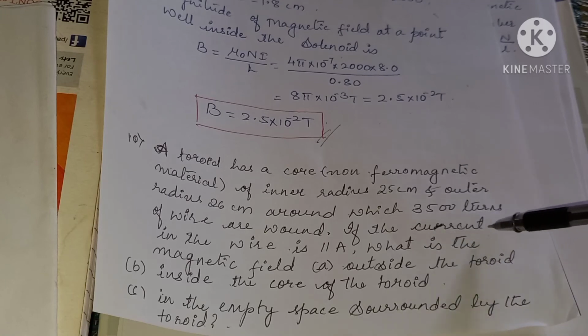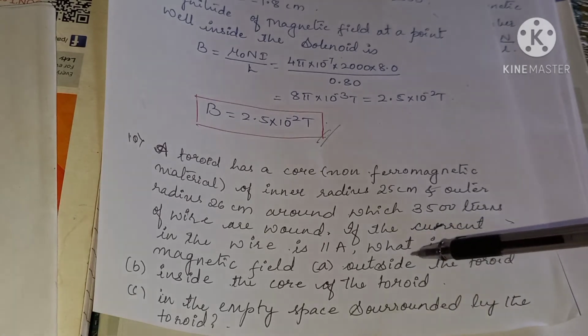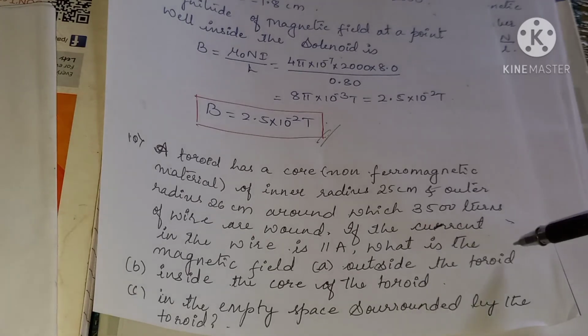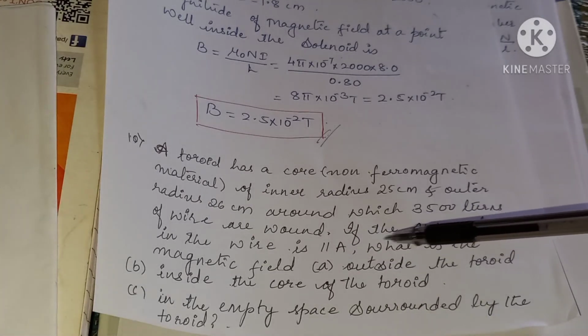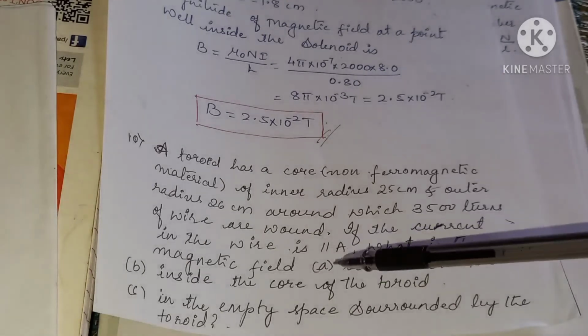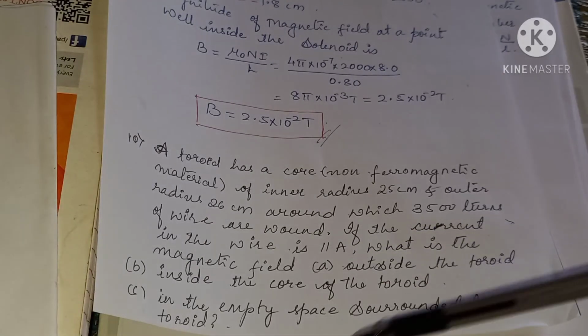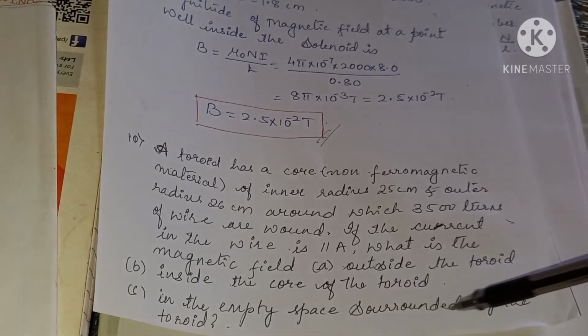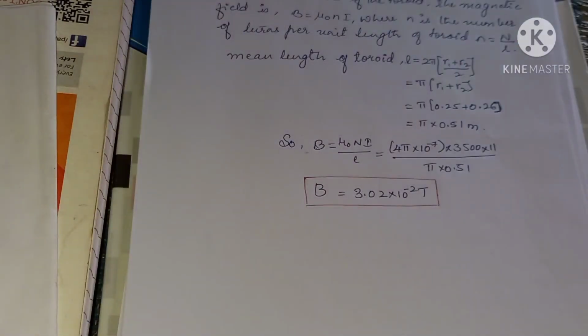If the current in the wire is 11 ampere, what is the magnetic field? A, outside the toroid. B, inside the core of the toroid. C, in the empty space surrounded by the toroid. So let us see the solution here.